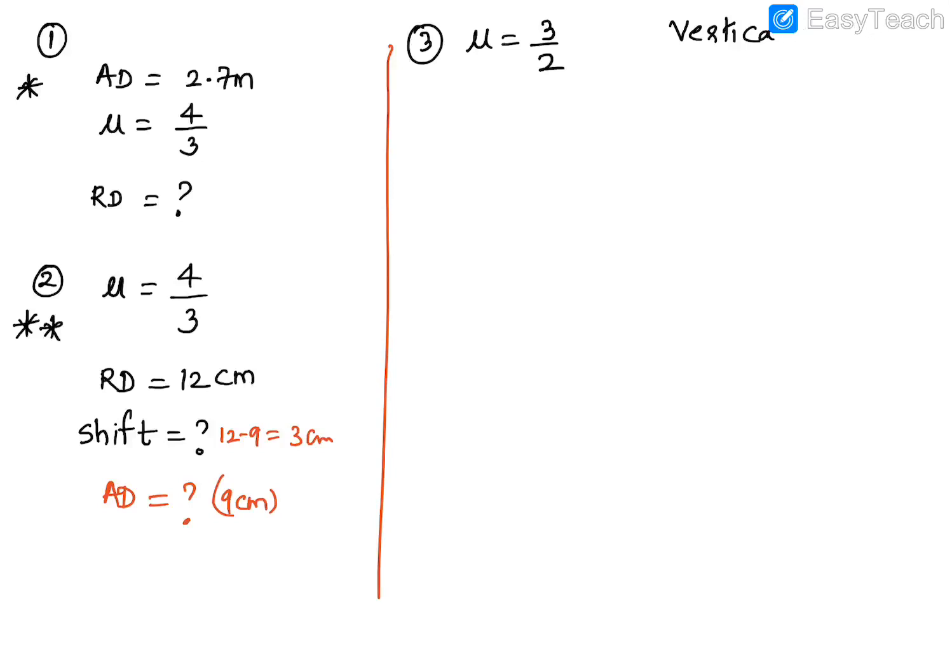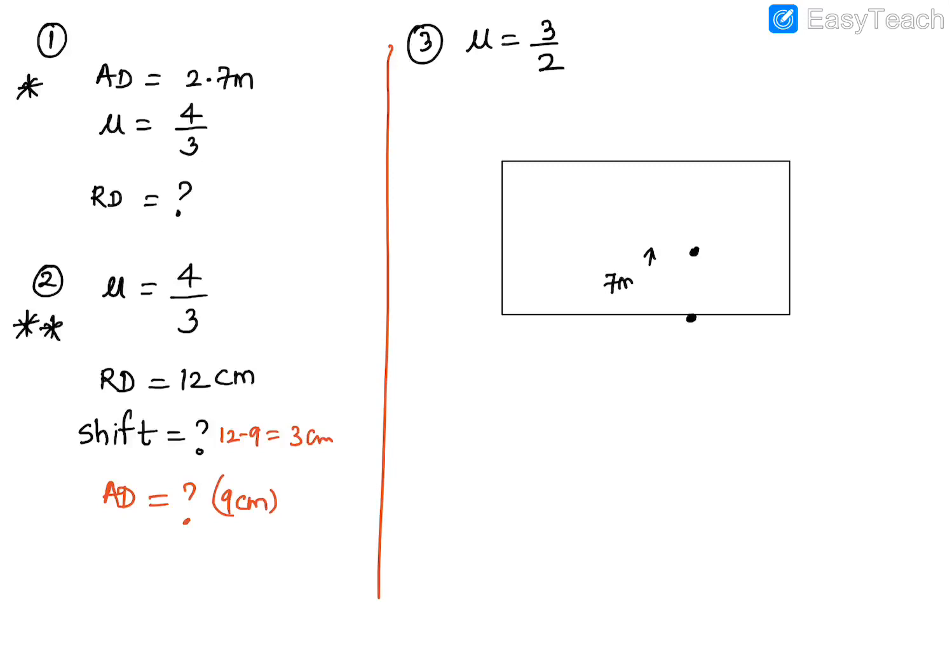Okay, now let's say we've got a glass slab here. In this glass slab, what is given to us is that they have placed a stamp at the bottom, and that stamp appears to be raised, it appears to be here, raised by 7 millimeter.